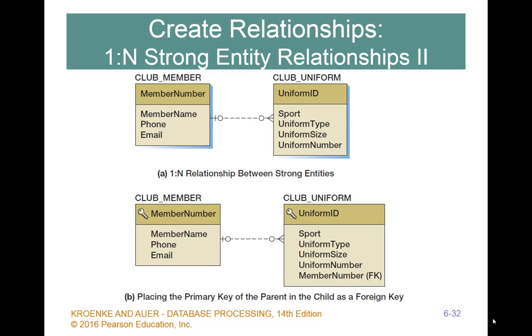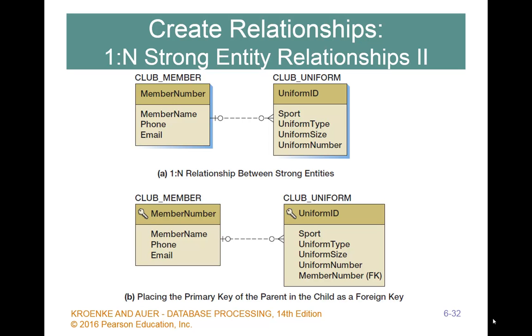And then we're placing the member number primary key into what's considered the child, or the many side of the relationship, into club uniform as a foreign key. Now we've created a relationship between club member and club uniform.